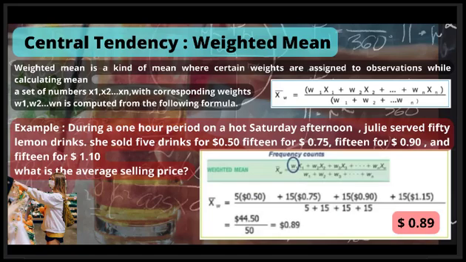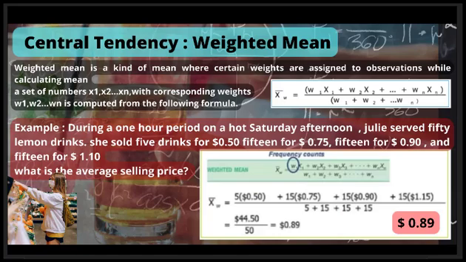Yes, we're using the weighted mean. As you see, we applied the weights to the prices and finally divided by the total amount. So the denominator is the total number of drinks sold, and the average selling price of the lemonade drink is $0.89.